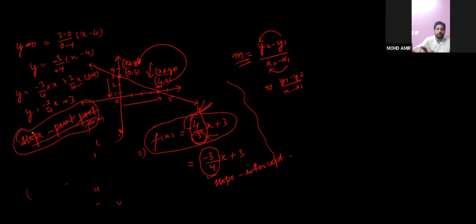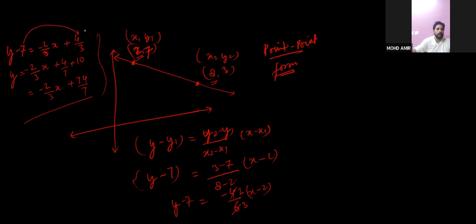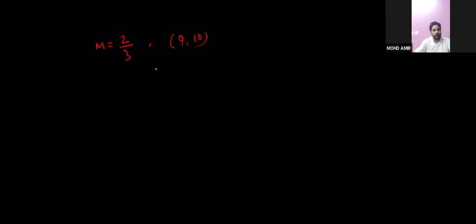Okay, if you wish to, like here, there can be given like, okay, there is a line whose slope is 2 by 3 and passing through 0, or we can say that 9 comma 10. So what will we do? It can be formed using y minus y1 is equal to m times x minus x1, because m is already here.